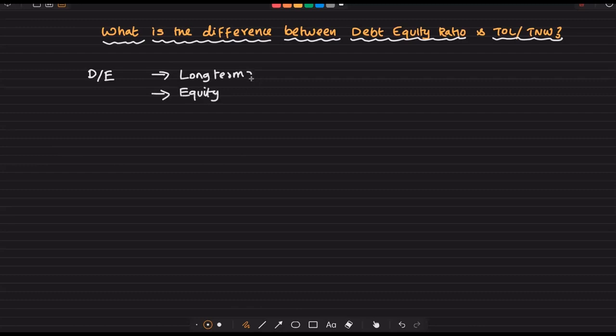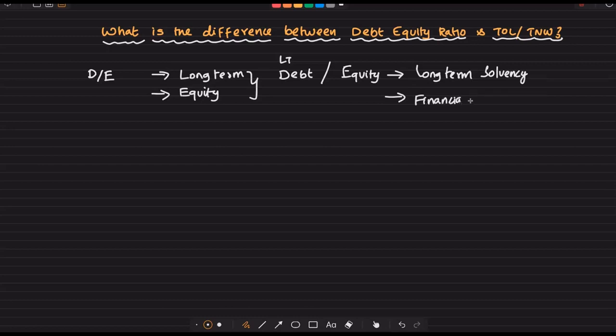So in debt equity ratio, what basically you compare is, you will be comparing the long-term debt with equity so that you will be able to measure the long-term solvency of the business. You can measure the financial risk associated with that business. Okay, so the focus is more on comparing the long-term debt with equity.